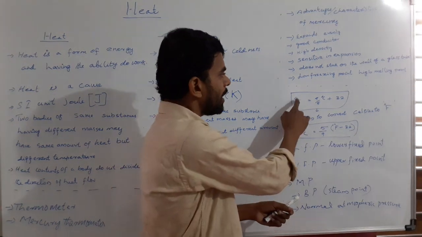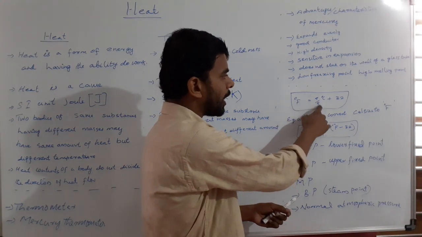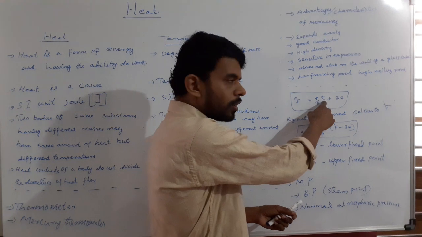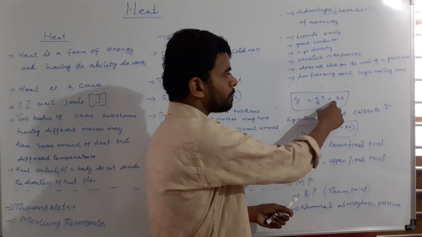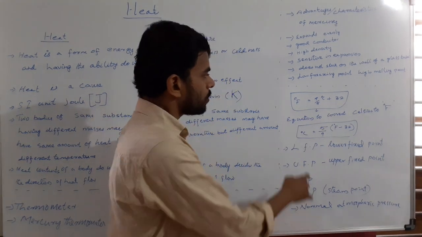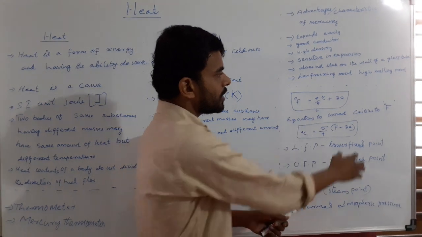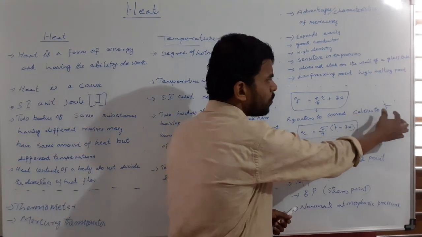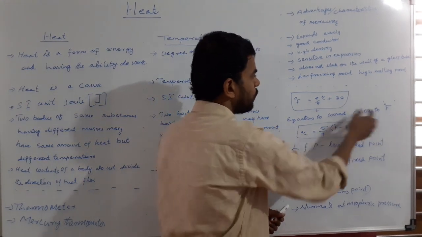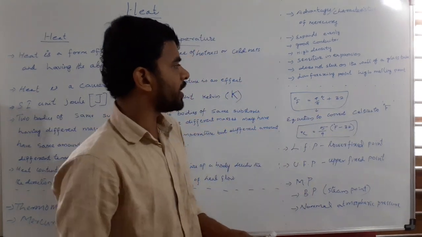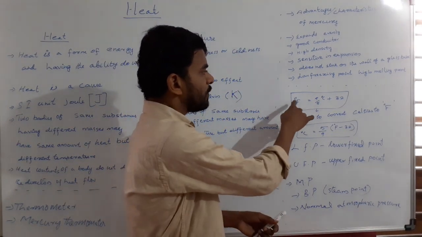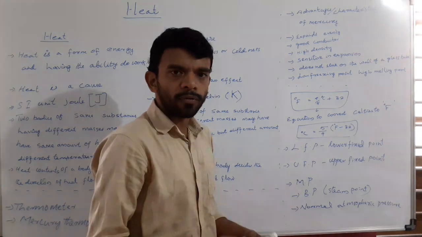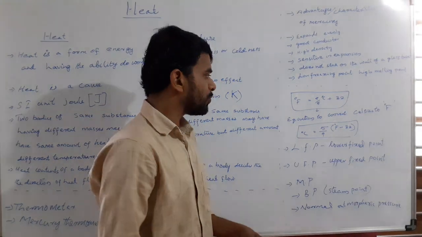What is the equation? Degree Fahrenheit equals 9 by 5 into degree Celsius plus 32. So this is the equation to convert Celsius to Fahrenheit: F = 9/5 C + 32.